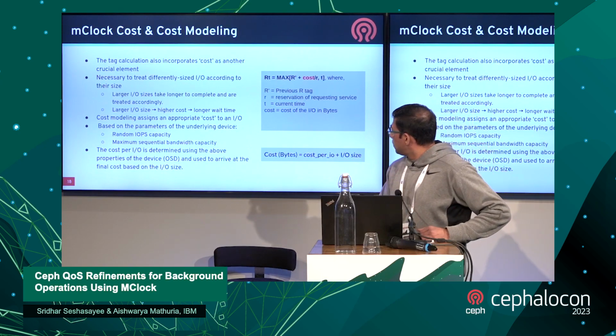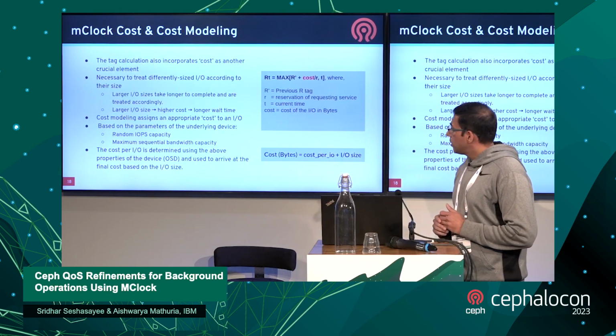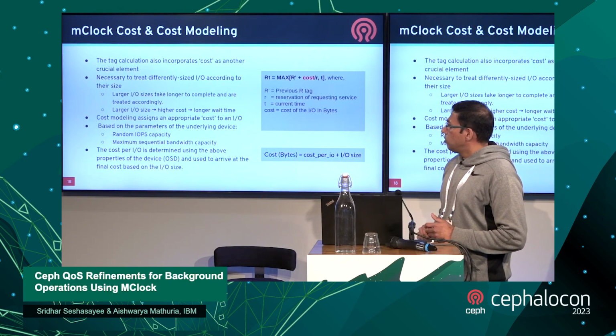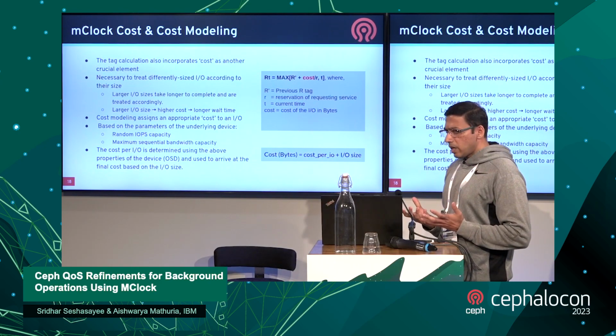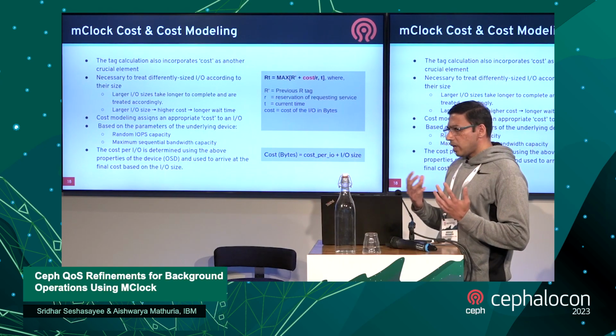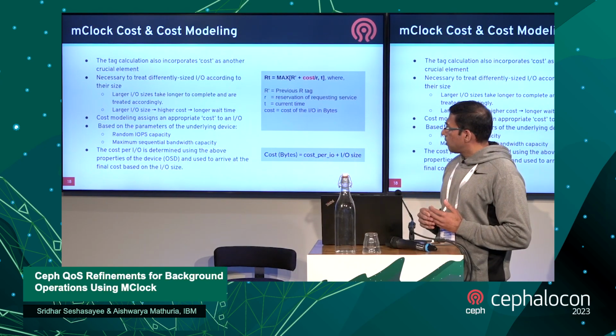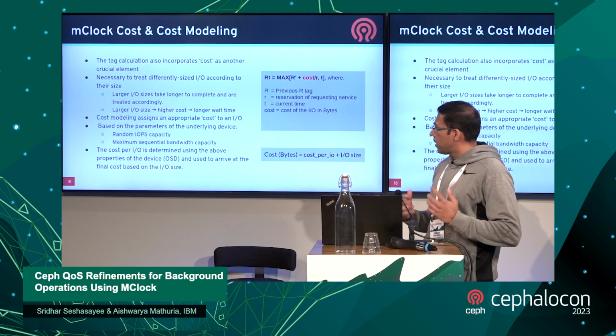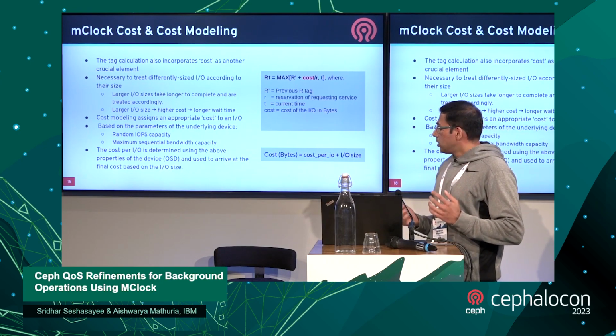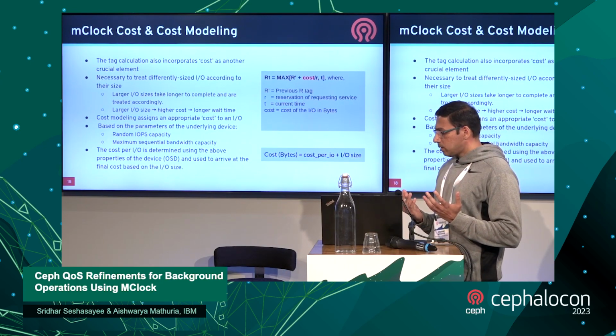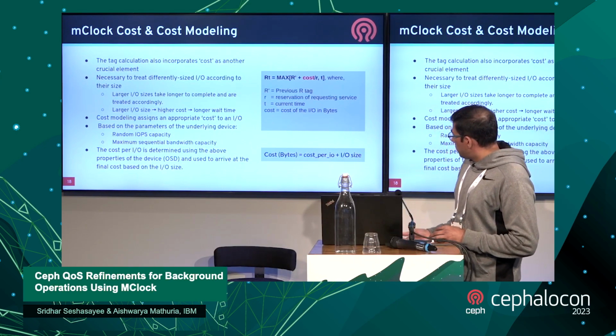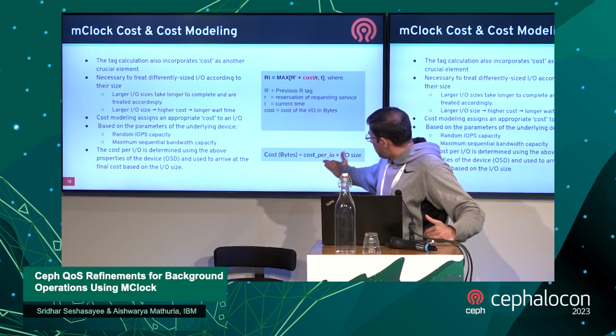Yeah. But how do we arrive at the cost? So we took the OSD itself, the properties of the underlying device. It will have a specific random IOPS capacity, and also it will have the max sequential bandwidth capability. So we consider these two parameters and arrive at a parameter called cost per IO.